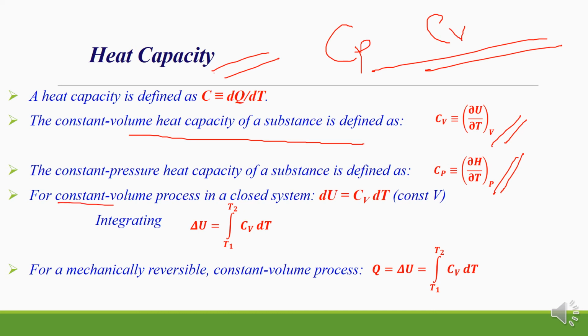So if you see this, for a constant volume process for a closed system, again remember, dU is equal to Cv dT at constant volume. Why is this? Because we have seen for a constant volume process, from the first law of thermodynamics, we have dU is equal to Q plus W, right.